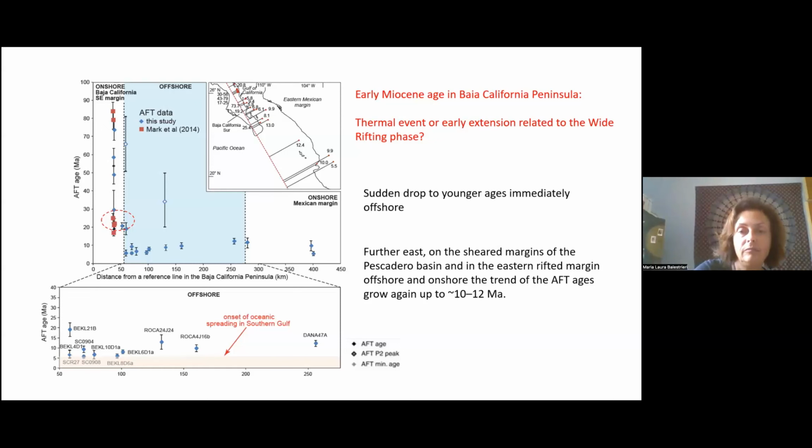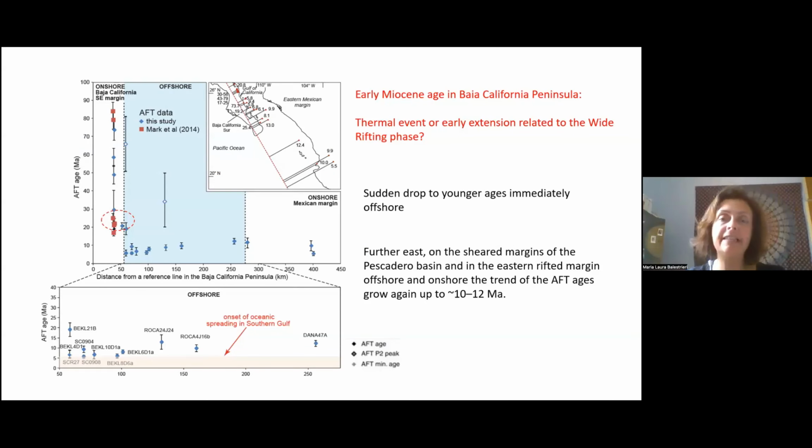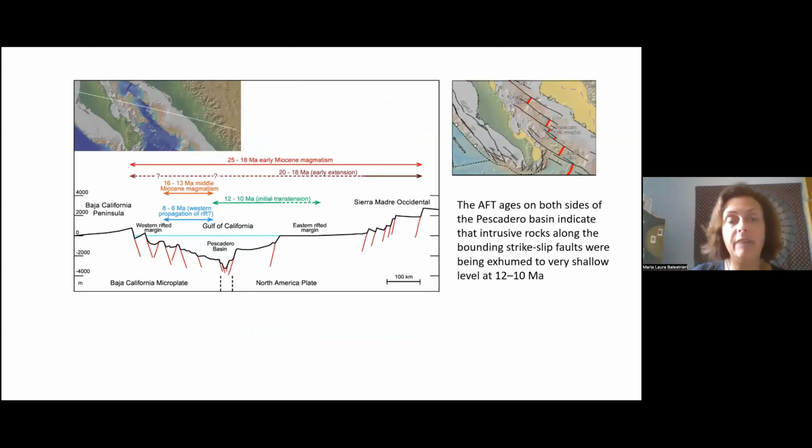Then, going further east, we have the Pescadero Basin, in which there is still today the boundary between the two plates, and on both the shared margins we have ages of 12, 10 million years.